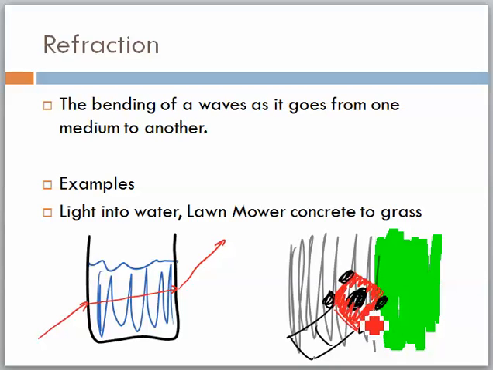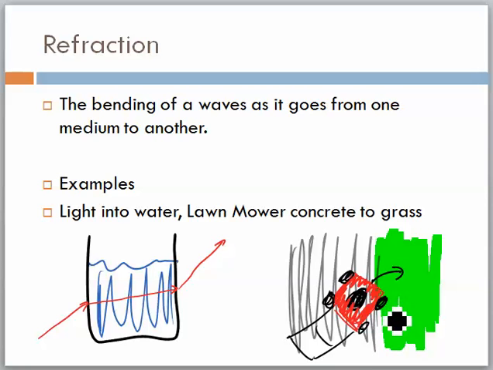What happens with our lawnmower is we're going at a certain speed, and because the front tire goes into the grass and it's not able to move as fast as it was moving, your lawnmower is going to change direction. It's going to bend towards the perpendicular, because the rest of the lawnmower is able to travel faster than the part of the lawnmower that's in the grass.